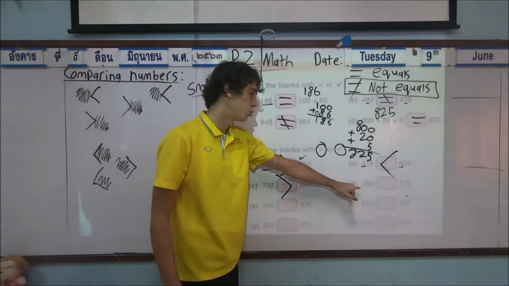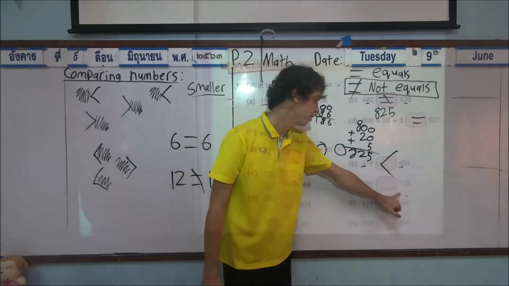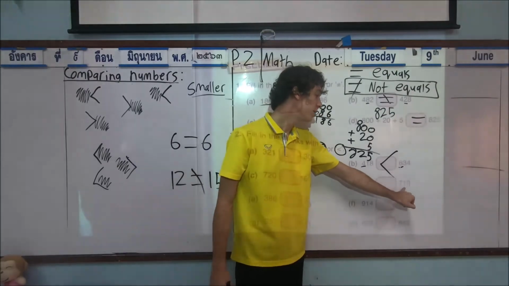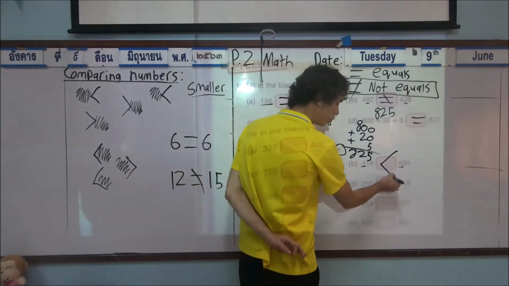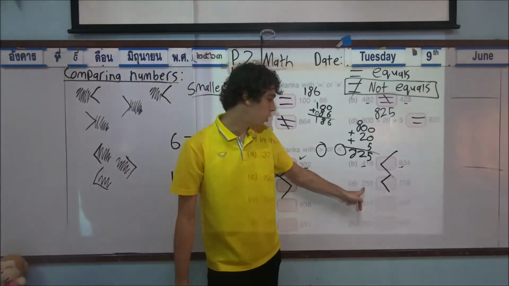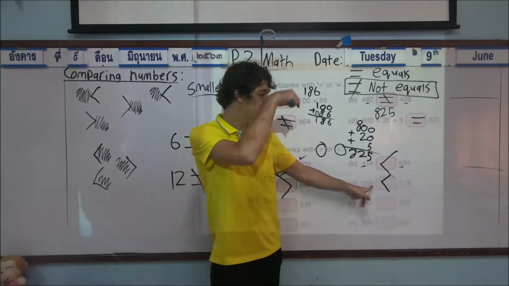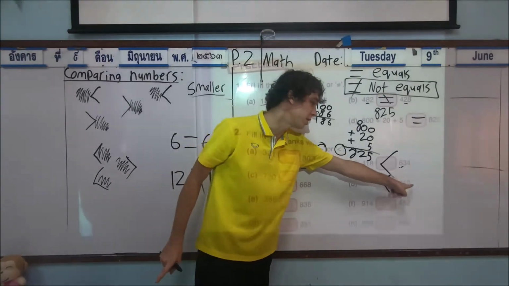Okay, D, 256 and 719. I think 719 is bigger. So 256 is smaller than 719.